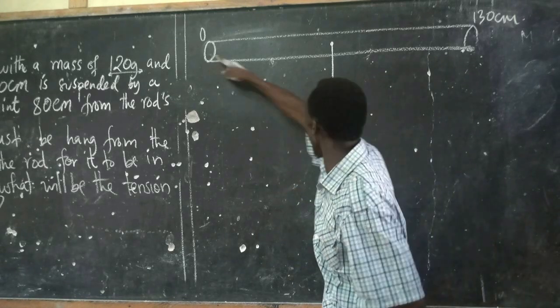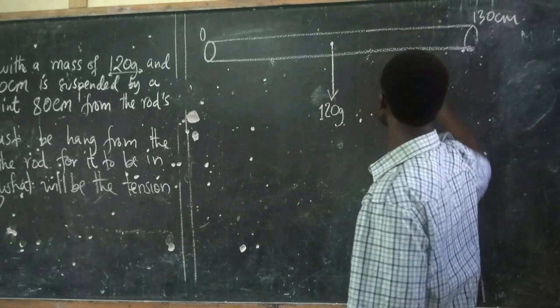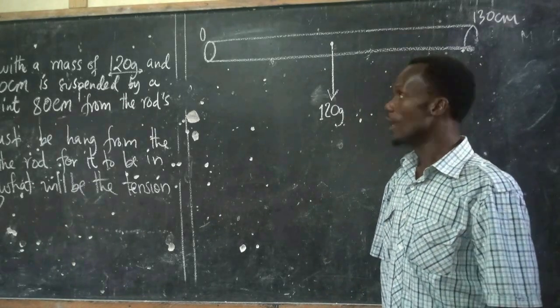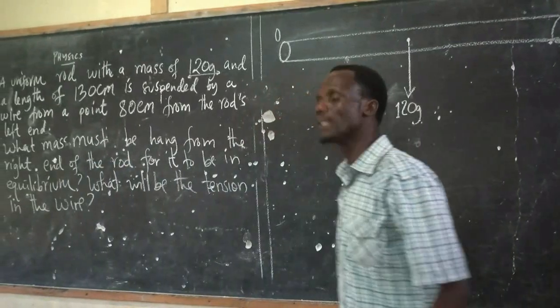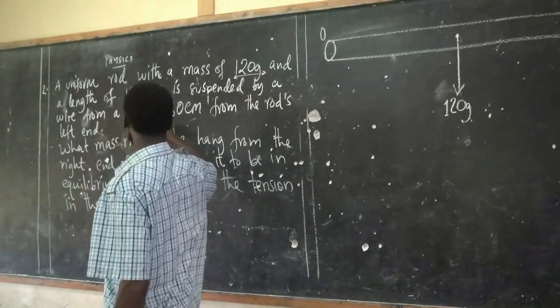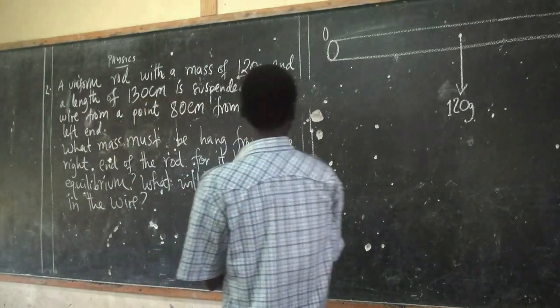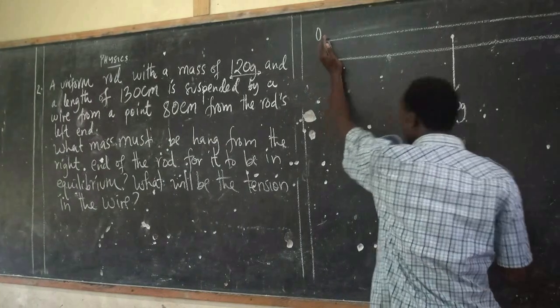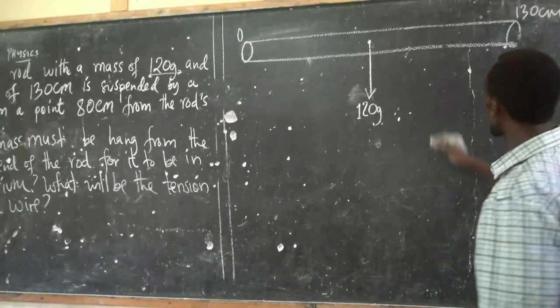From here up to here, it is 65. Now that is the first statement. But it is suspended by a wire from a point of 80 centimeter from the rod's left end. From the rod's left end to 80 centimeter, there is a wire.